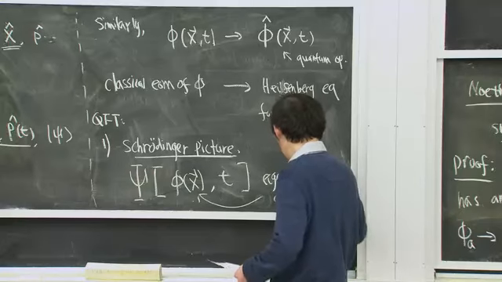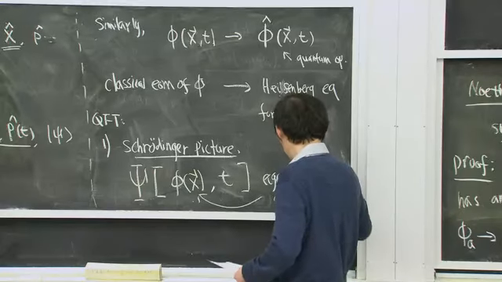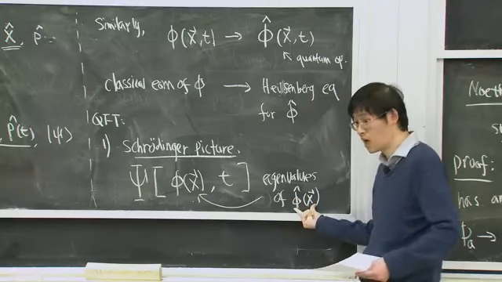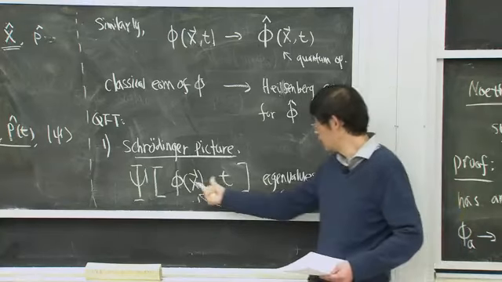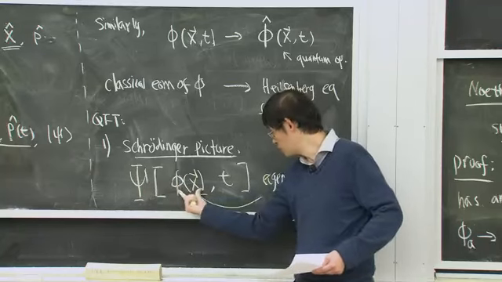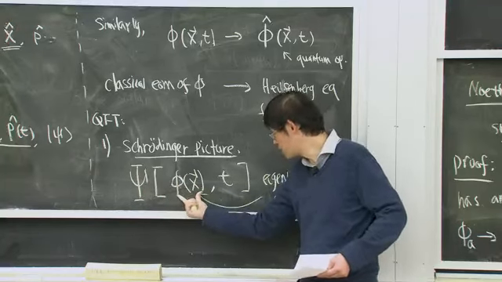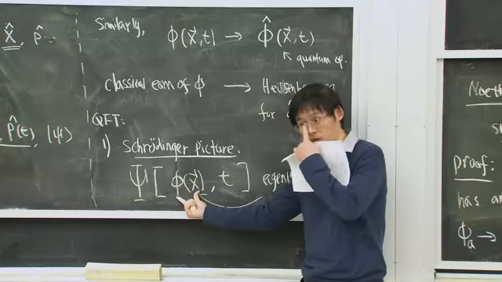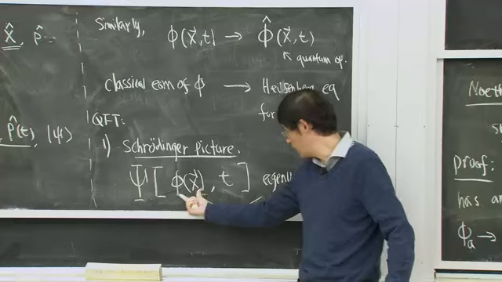Okay, so this phi(x) are eigenvalues of phi hat(x). In the Schrodinger picture, phi hat does not evolve with time, and you have the wave function, which now becomes a functional, because phi itself is a function of space.